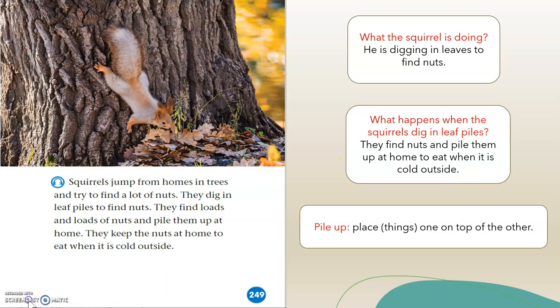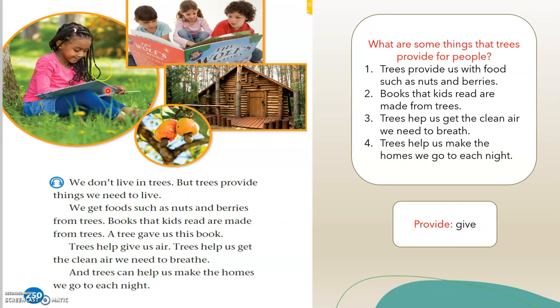Now, let's continue. As you can see, kids, in this picture we can see homes, books that we can read, food. Now we humans don't live in trees, but trees give us things we need to live.